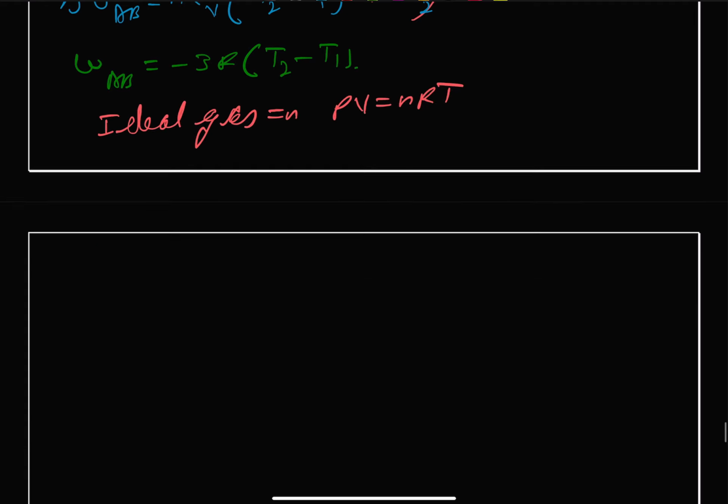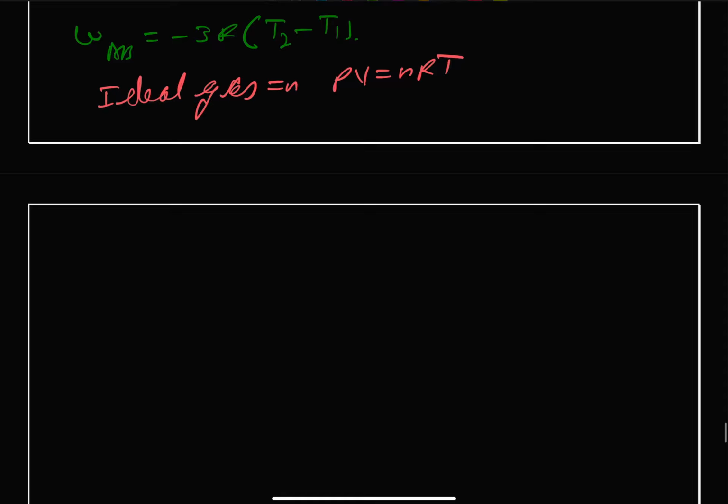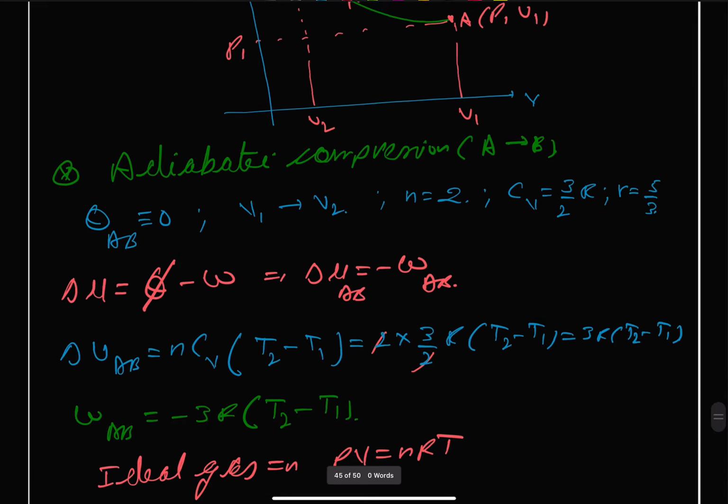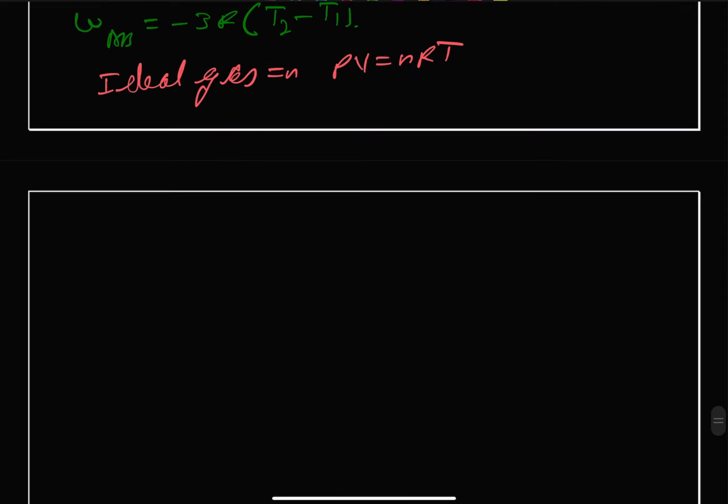For point A, we can write that T1 is equal to P1 V1 upon nR, which comes as P1 V1 upon 2R.